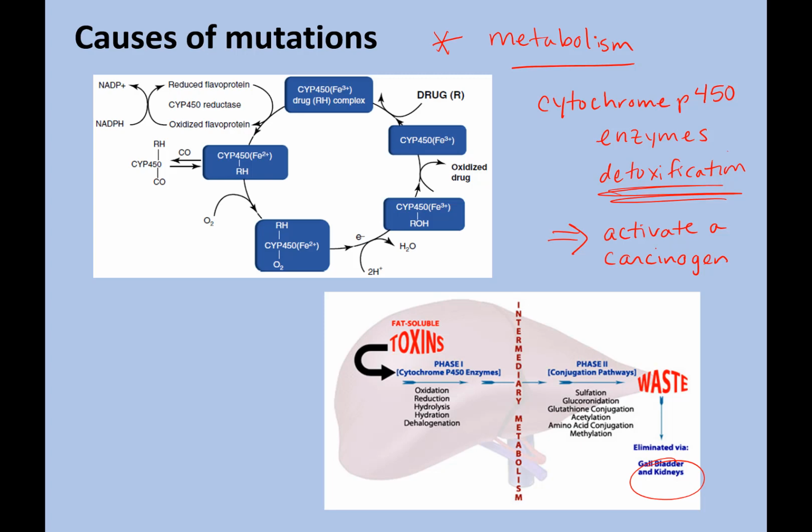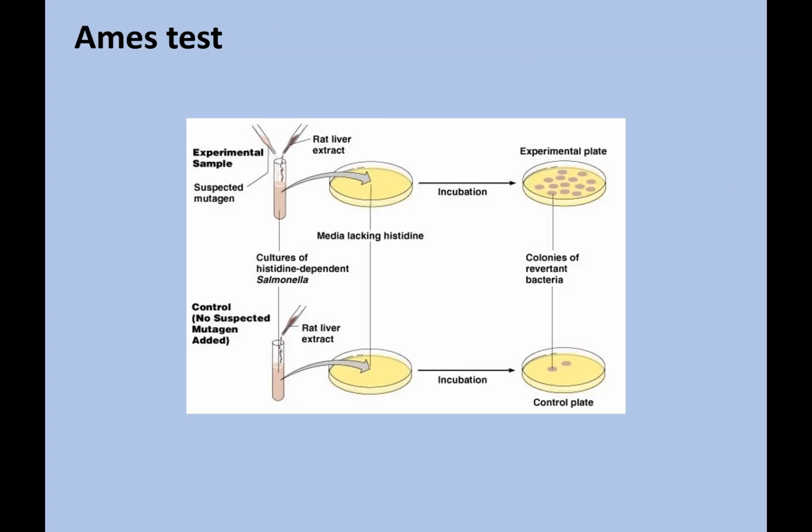Okay. And the reason I bring this up is because the Ames test is a classic way to test if something is a carcinogen. So to determine if a compound is a carcinogen. And the Ames test is based on using a bacteria called Salmonella. And this bacteria is deficient.